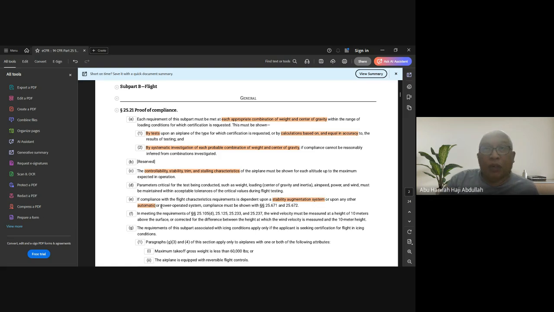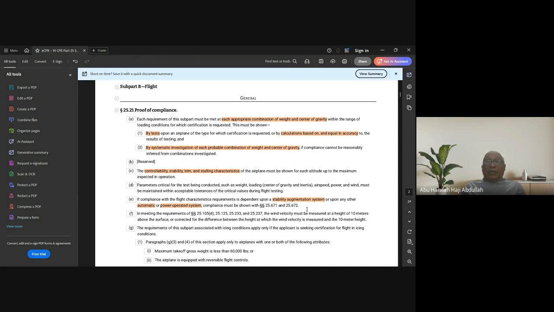So it means that for your flight control system, you are allowed to use a stability augmentation system, automatic system, power operated system. 25.671, 25.672. So you may be able to use autopilot.